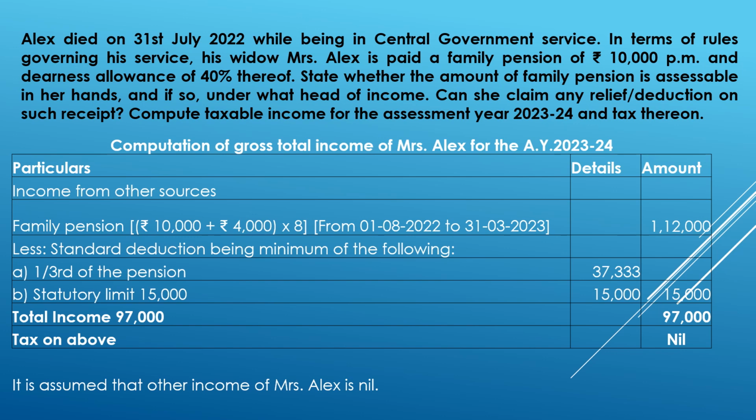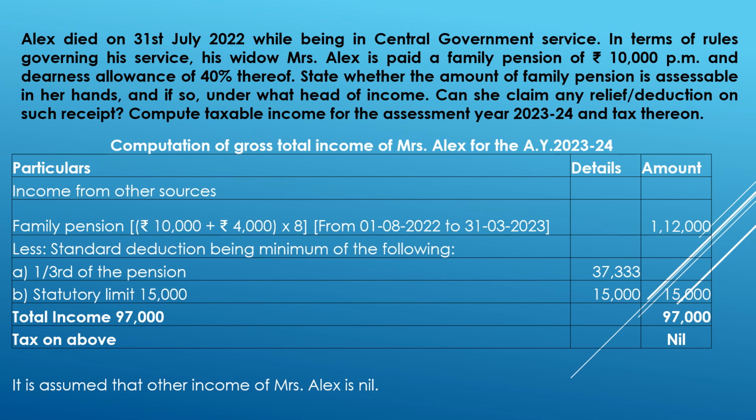So this is how it is. First of all, we should mention what is the income. As we can see, she is getting 10,000 rupees plus 4,000 rupees as dearness allowance, summing up to 14,000. And as Alex passed away on 31st July, for the leftover months we'll have to consider and multiply: that is 8 months into 14,000, which gives 1,12,000.